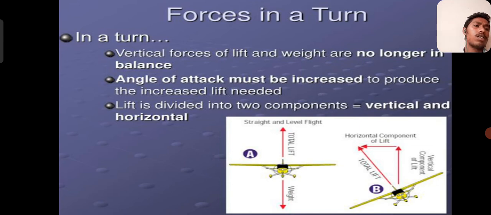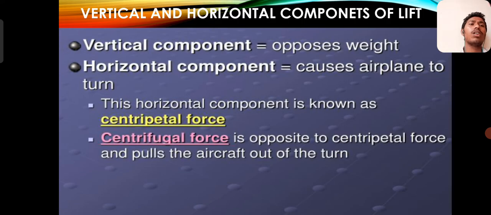In figure B, the total lift is tilted to the left side, with vertical and horizontal components. The vertical component equals and opposes weight, and the horizontal component causes the aeroplane to turn. The horizontal component is known as centripetal force. Centrifugal force is opposite to the centripetal force and pulls the aircraft out of the turn.